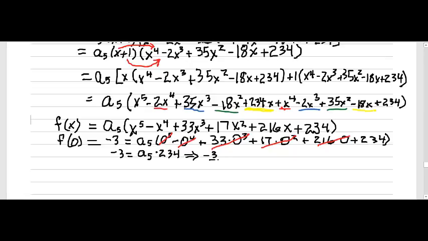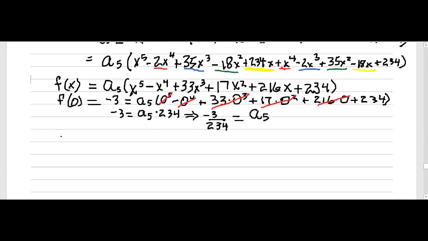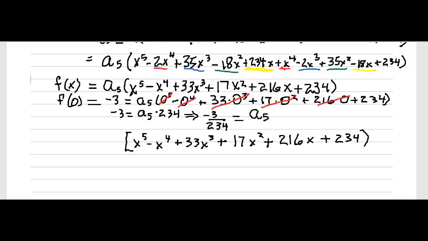And I wind up with negative 3 equals a sub 5 times 234. When I solve for a sub 5, I divide both sides by 234. I get a sub 5 is negative 3 over 234. And that actually simplifies.